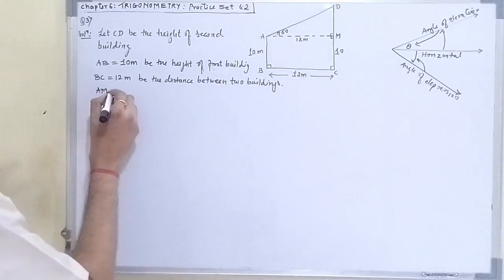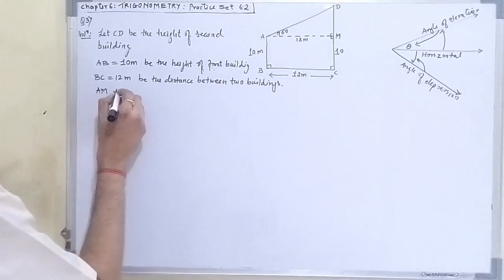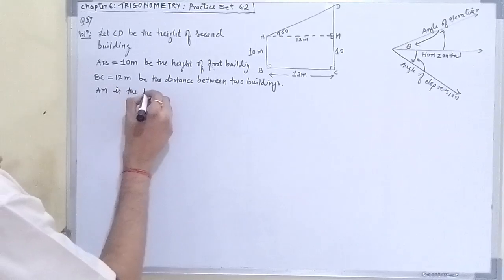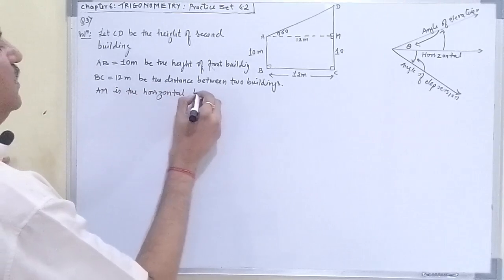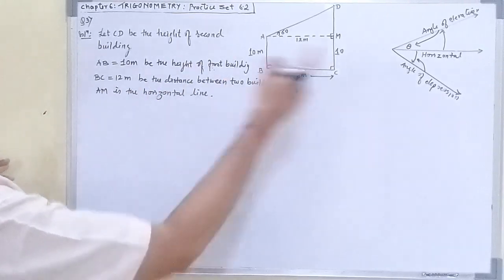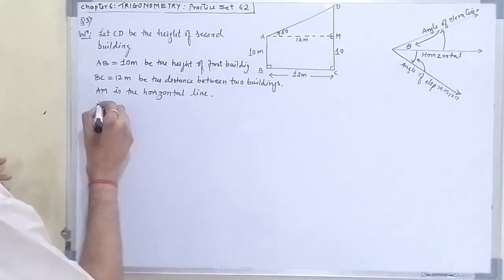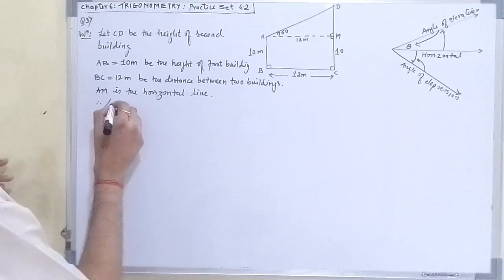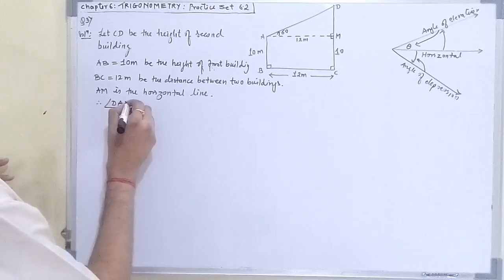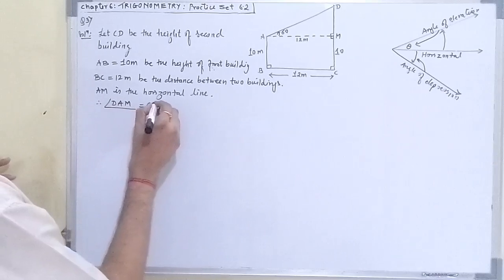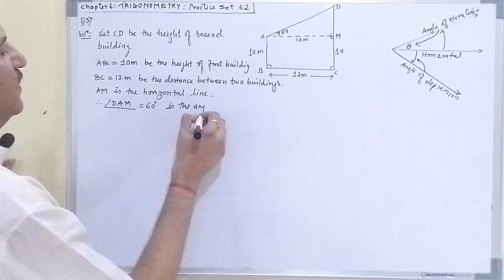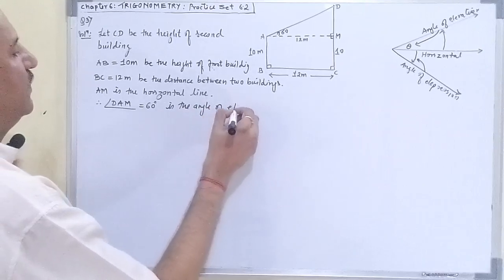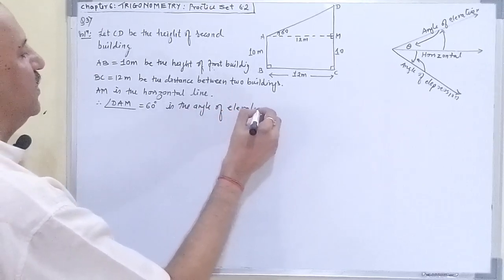AM is the horizontal line. ये AM horizontal line है. Therefore, angle DAM equal to 60 degrees is the angle of elevation.